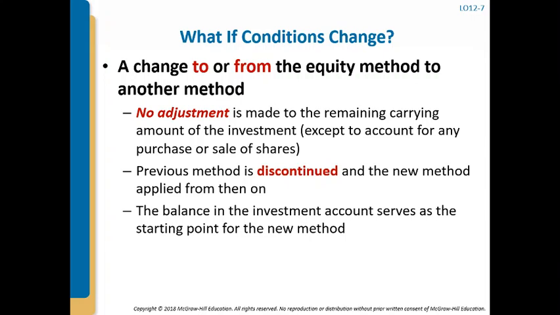So if you move from the equity method, let's say you sell off some shares and you now own less than 20%, so you don't have substantial influence over the company anymore, the investee. Well, then you're going to take the balance at the time that changes and simply report it as you would for investing in stocks.